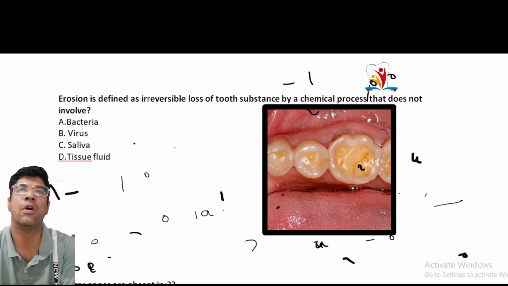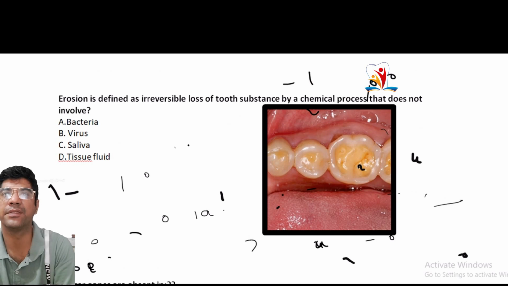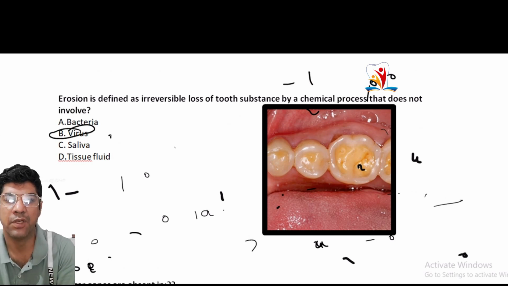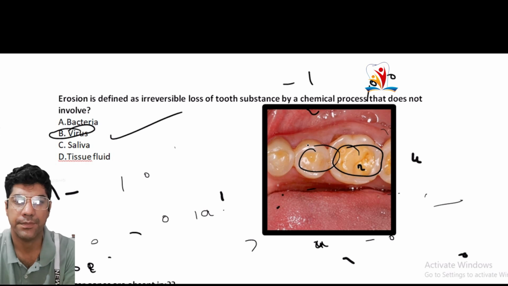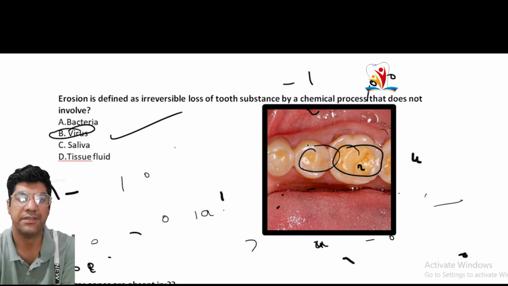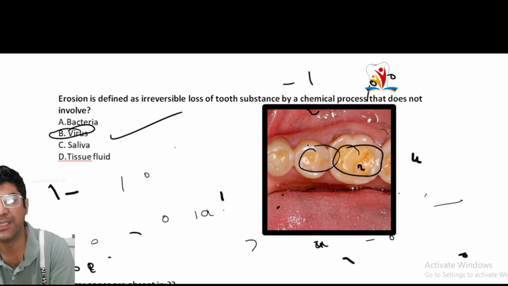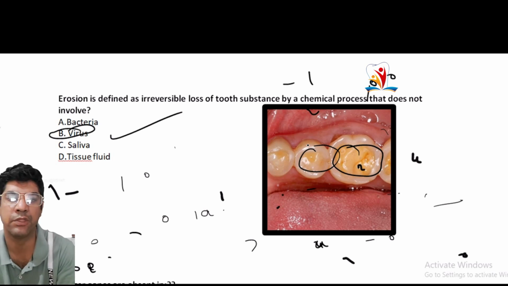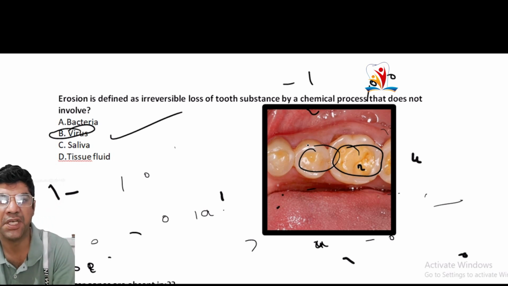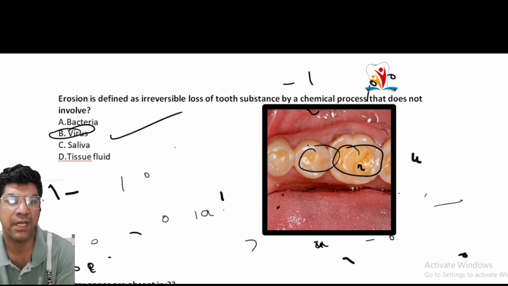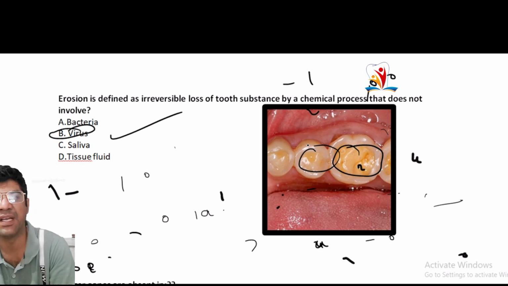Erosion is irreversible loss of tooth substance by a chemical process that does not involve bacteria. So this one is erosion. In erosion there is dissolution of the tooth minerals, primarily the hydroxyapatite, that is caused by acidic substances. Erosion is associated with acidic substances from various sources like acidic food and acid reflux, which are extrinsic or intrinsic acidic factors.